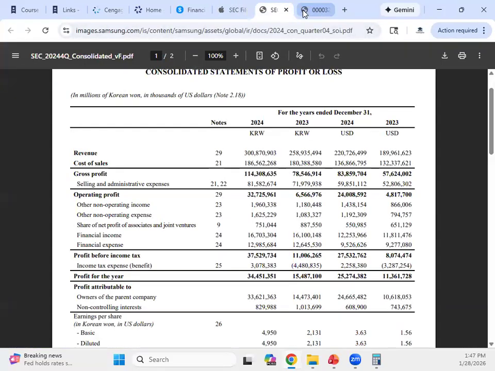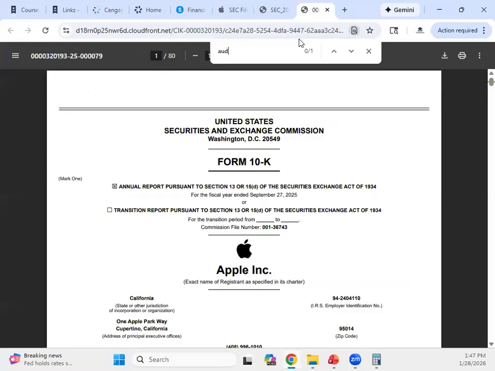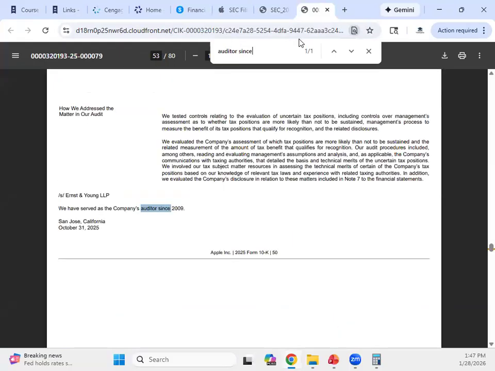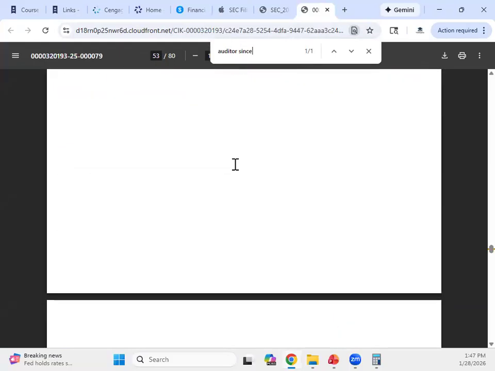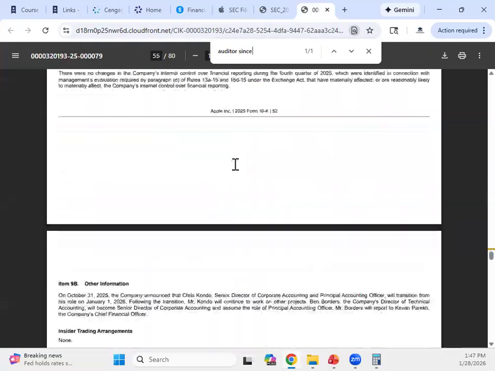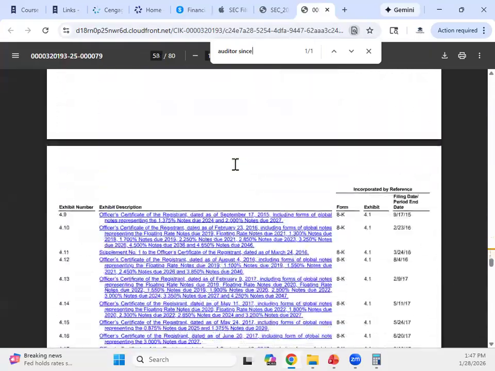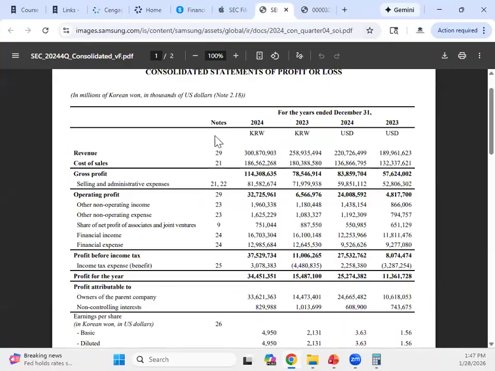we can just take a look at, see Apple's an EY client.